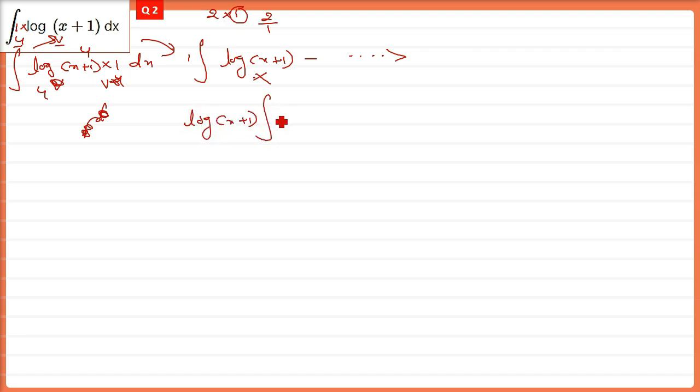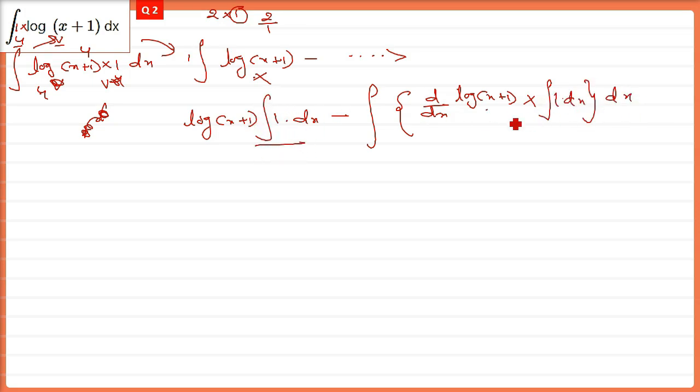Then the integration of the second function, which is 1 dx, minus integration of... Now first we have to do the differentiation of the first function. So d by dx of log x plus 1 has to be done. So d by dx of log x plus 1 is your first thing. And then the integration of the second function, that is the integration of 1. So 1 dx. And then we have a dx here.